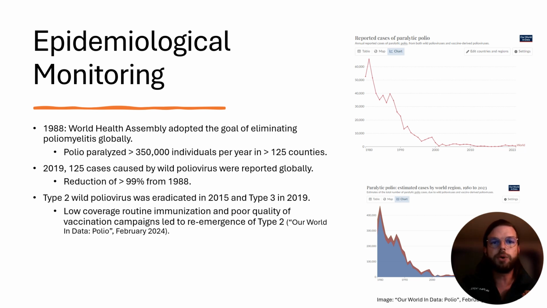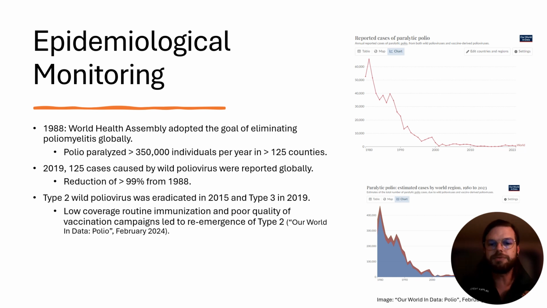Type 2 wild poliovirus was eradicated in 2015 and Type 3 in 2019, but low coverage with routine immunization and poor quality of vaccination campaigns before the trivalent to bivalent switch led to reemergence of Type 2, causing outbreaks in 20 countries and paralyzing 369 children.